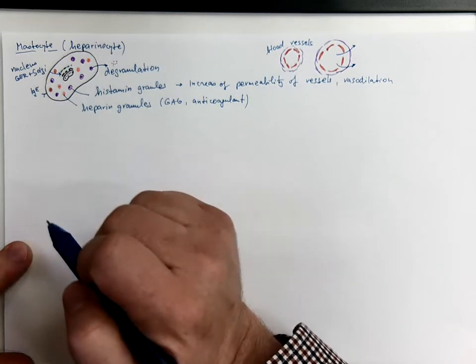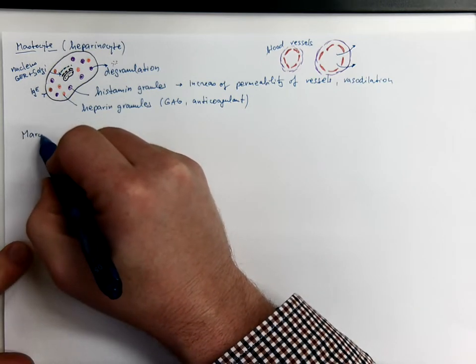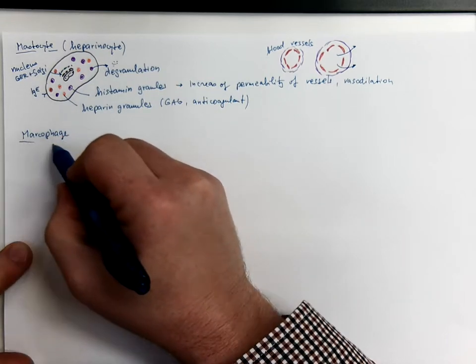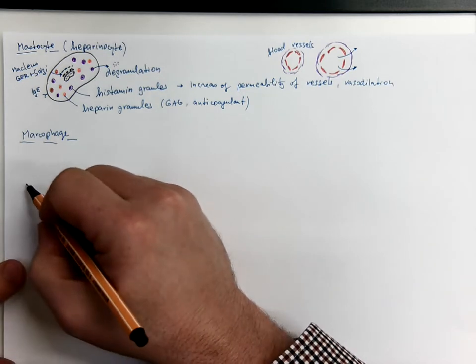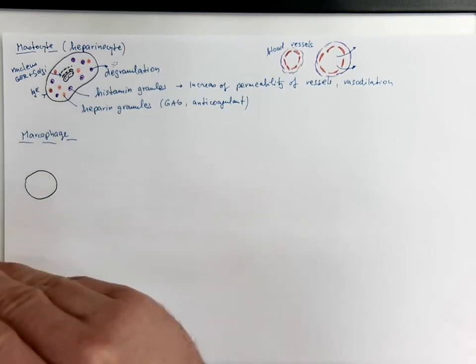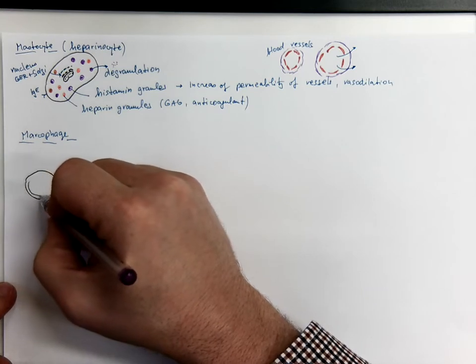Other famous migratory cells of connective tissues are the macrophages. So, macrophages originate from circulating blood cells called monocytes. These are the largest white blood cells that occur in the peripheral blood.